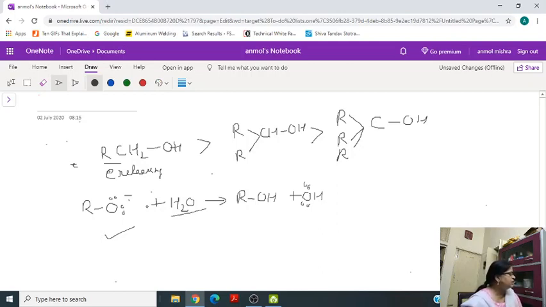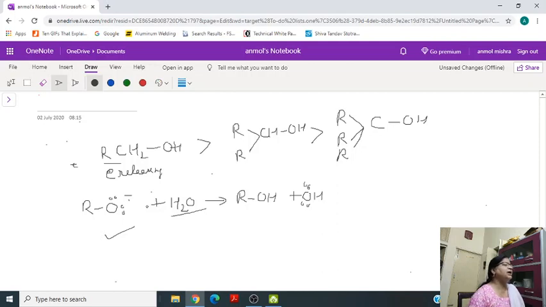So phenol is acidic in nature. Now when we compare the acidic character of phenol and alcohol, then phenols are better acidic than alcohols.